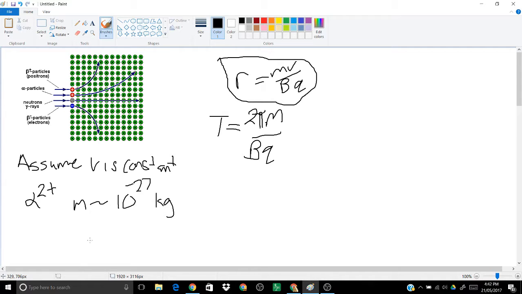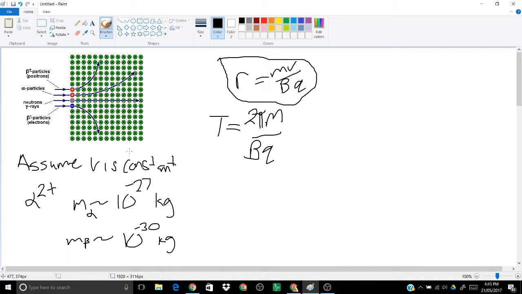I don't have the number on top of my head, but I don't need that to make my point. Because basically the beta plus particle is the positron, the beta minus particle is the electron. They both have approximately the same mass, effectively for the course, 9.11 times 10 to the minus 31. So they're basically minus 30.